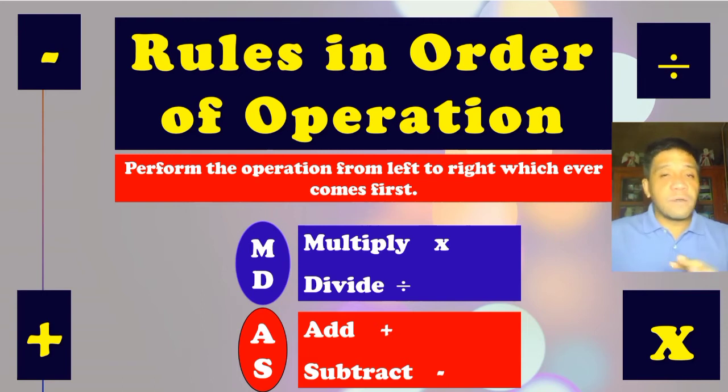That would be our rule. Again, I repeat, perform the operations from left to right, whichever comes first. The M and D are partnered, then the A and S, addition and subtraction, follow.